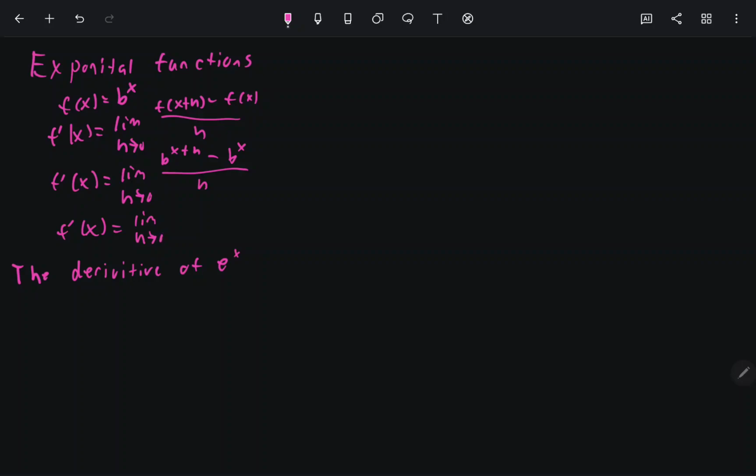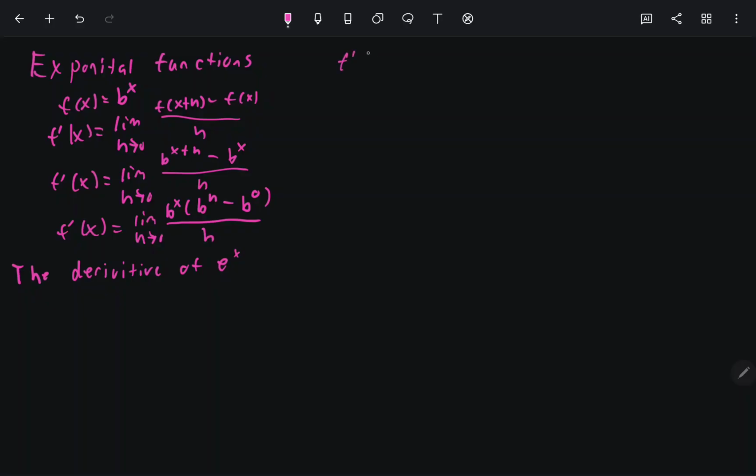We can use our exponent rules to realize that we can break this out. We can factor out a b to the power of x to get b to the power of h minus b to the power of 0. And I'm going to leave it like that for a reason. And all of this is over h. Okay. Now what do we do?